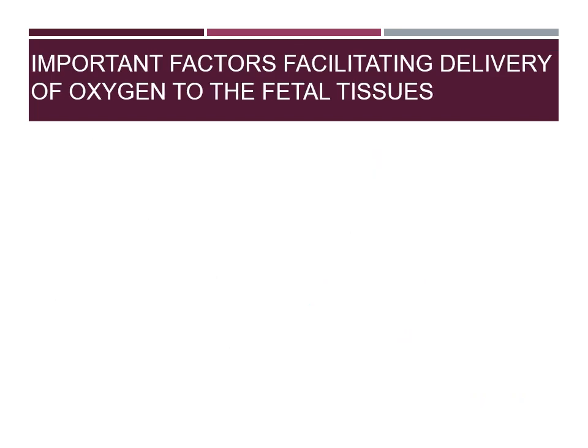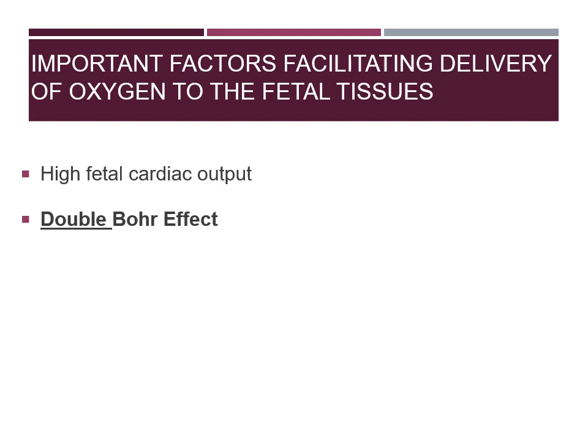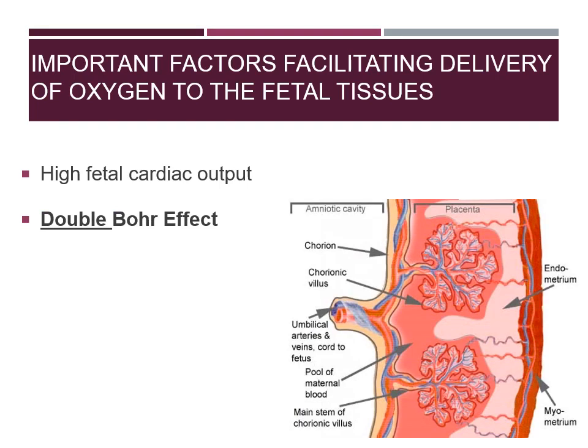Also, one of the other important factors facilitating delivery of oxygen from maternal to fetal tissues is the high cardiac output in the fetus, which is due to the combination of the cardiac output from both ventricles. That is due to the shunting processes that take place in the fetal circulation, and more importantly, the double Bohr effect that takes place between fetal and maternal circulation.